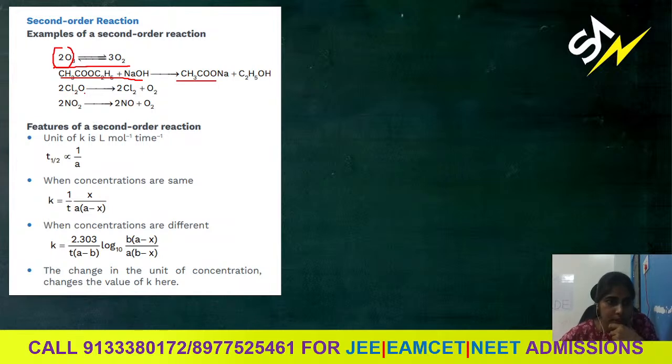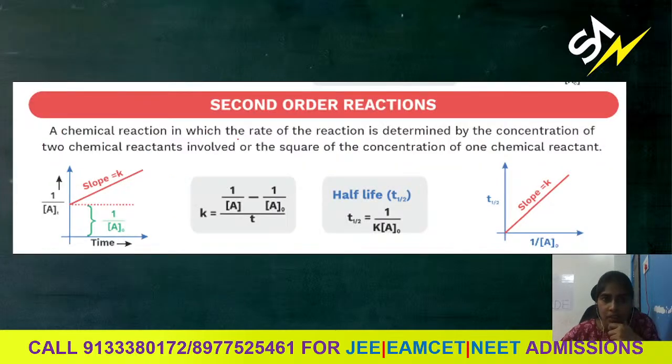And 2 moles of Cl2O gives rise to 2 moles of Cl2 plus O2. This is also a second order reaction, and 2 moles of NO2 gives 2 moles of NO plus O2. Here also the rate of reaction depends on two molecules. So these are the examples of second order reactions.